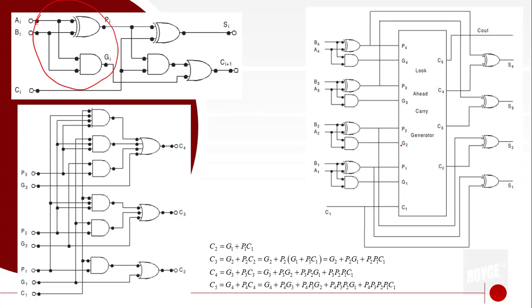A2, B2, output niya, P2, G2. Diba? So, with this, na-reduce natin yung propagation delay time by using another circuit that we call look ahead carry generator.